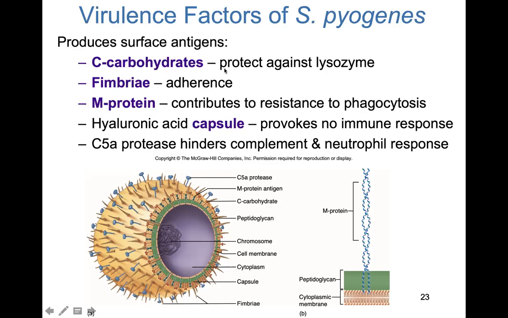They'll be reacting to any of these markers, these antigens on here, right? So it has C carbohydrates, protects against lysosomes, all right? So there's this great big carbohydrate, this C carbohydrate here is kind of like a candy coating. So even if it was consumed by a macrophage and that macrophage is excreting all kinds of lysosomes or enzymes, it has this very hard protective shell.